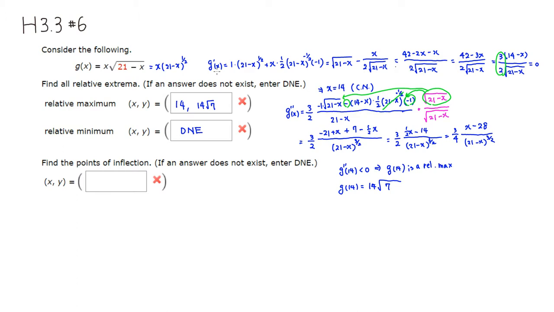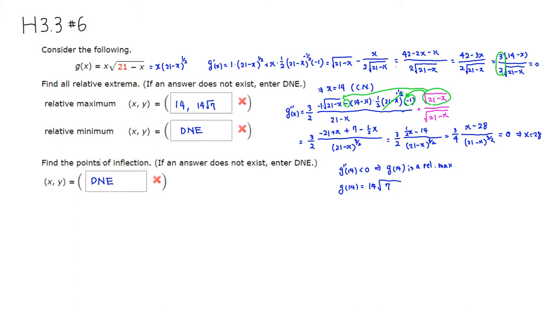And for the inflection point, we set the second derivative equal to 0, and you see that this gives you x equals 28. But 28 is not even in the domain, because if you put 28 there, you have a negative inside the square root, so there is actually no inflection point. Does not exist.